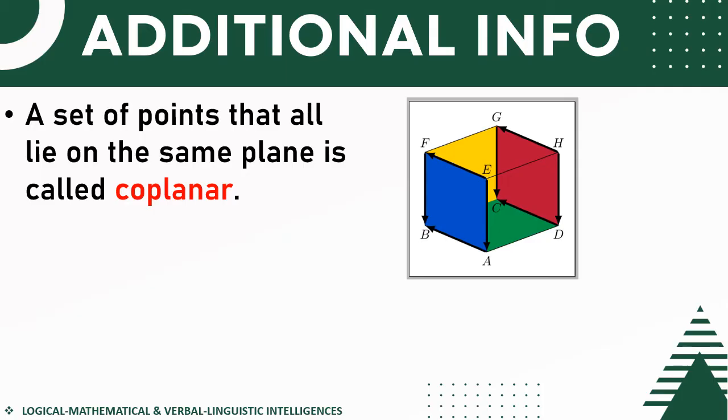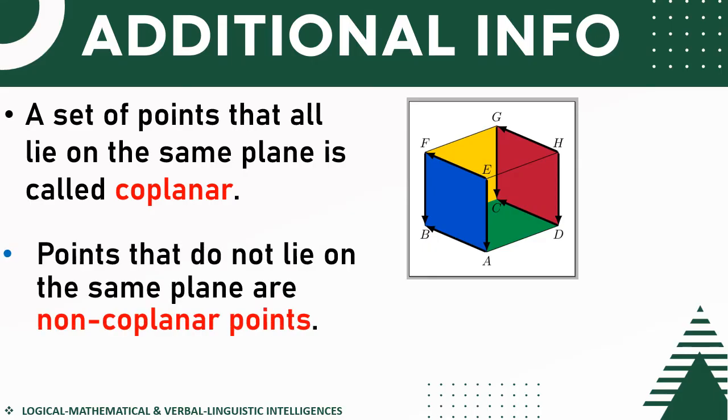Okay, moving on to the next terminology, and that would be coplanar. It's a set of points that lie on the same plane. Otherwise, if the points do not lie on the same plane, they are called non-coplanar points. Let's say, for example, I have the following points.